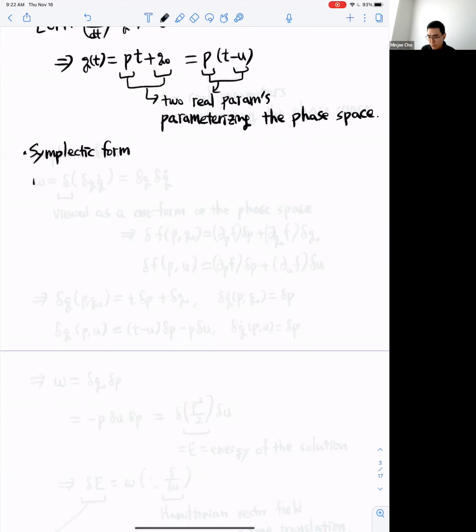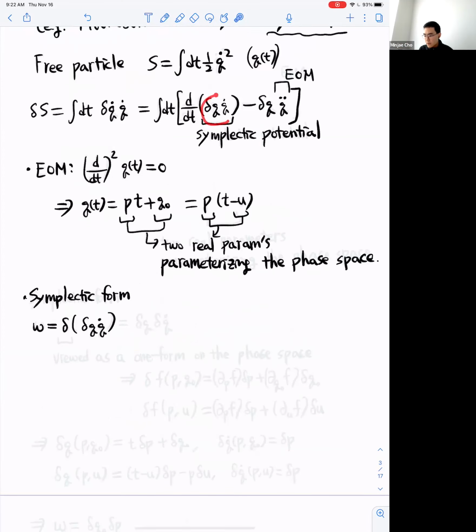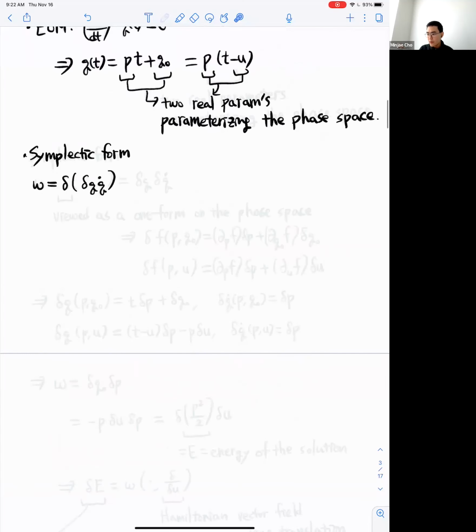So with that perspective, the symplectic form omega is written like this. This is the symplectic potential. We bring it to here, and then we take one more exterior derivative. That's the prescription. I haven't explained the reason for doing this yet, but let's see what we get.